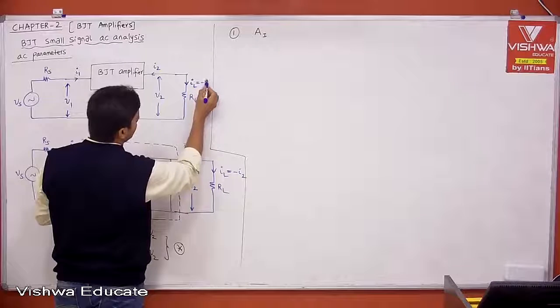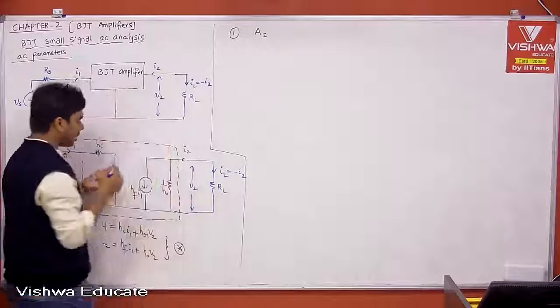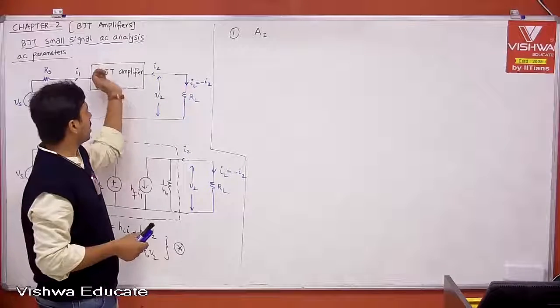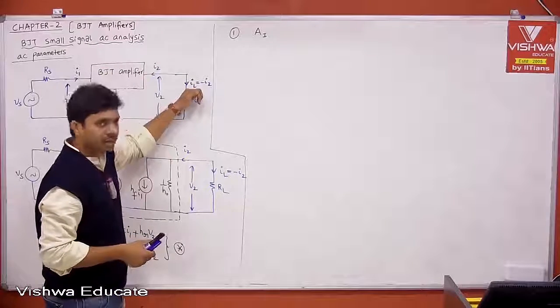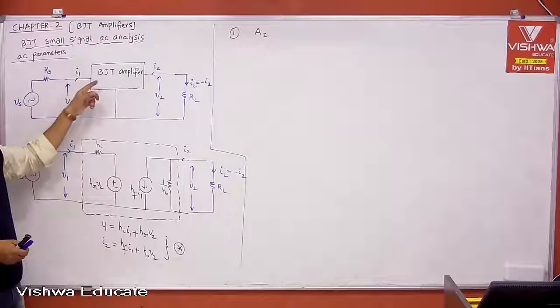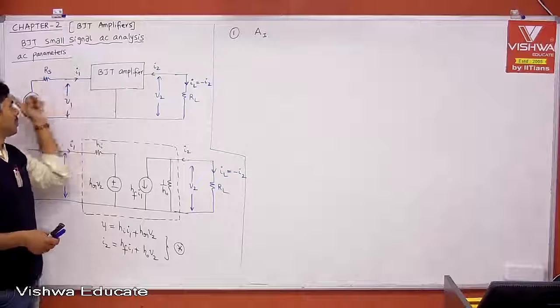IL is equal to minus I2, the current entering into your load. Let us say it is how much current your BJT amplifier is giving to your loudspeaker. That is your output current, and how much current your BJT amplifier is taking from your source.